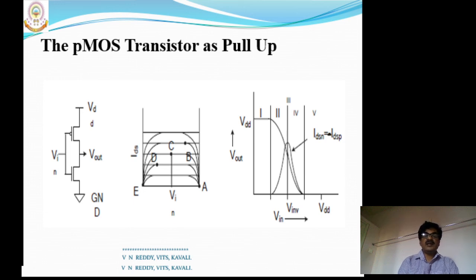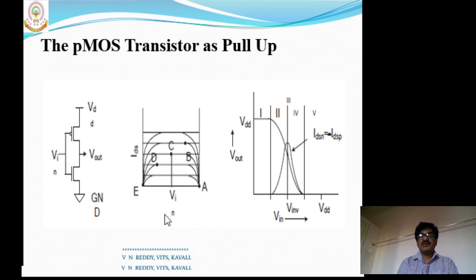The input is applied at the gate of both pull up and pull down transistors, and the output is considered at the intersection where the terminals are joined. See in the diagram, the output is considered here where the pull up and pull down transistors are joined.